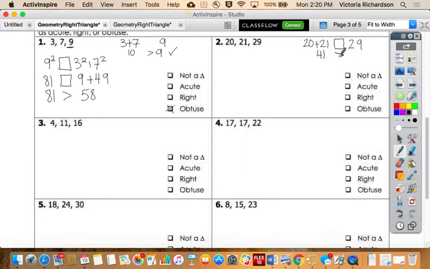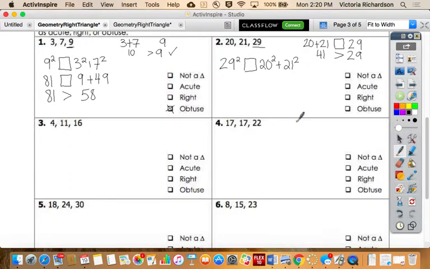And 41 really is greater than 29. So that means this is a triangle. So now you're going to use the Pythagorean theorem. Remember, you always start with your biggest number first. So that would be 29. And you're going to do 29 squared. And you're going to compare that to the sum of the square of the two smaller sides. So that's 20 squared plus 21 squared.